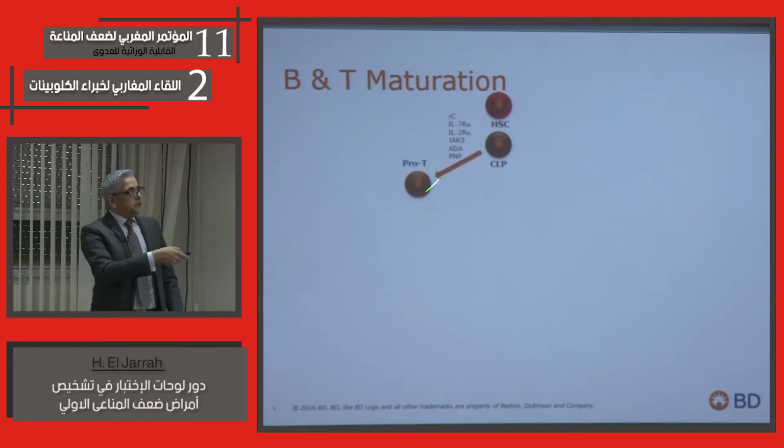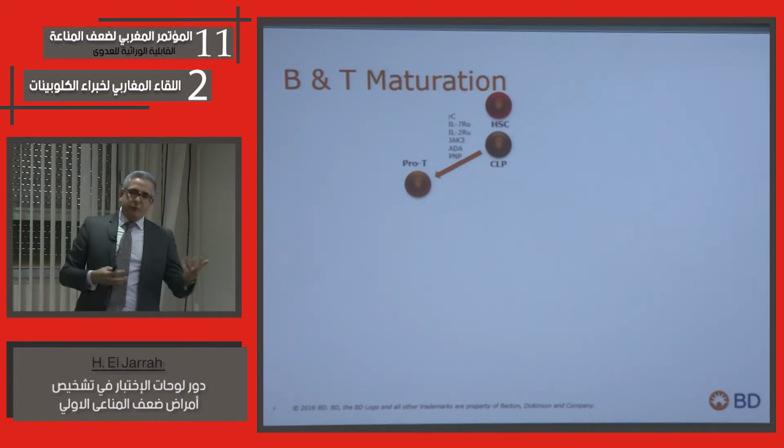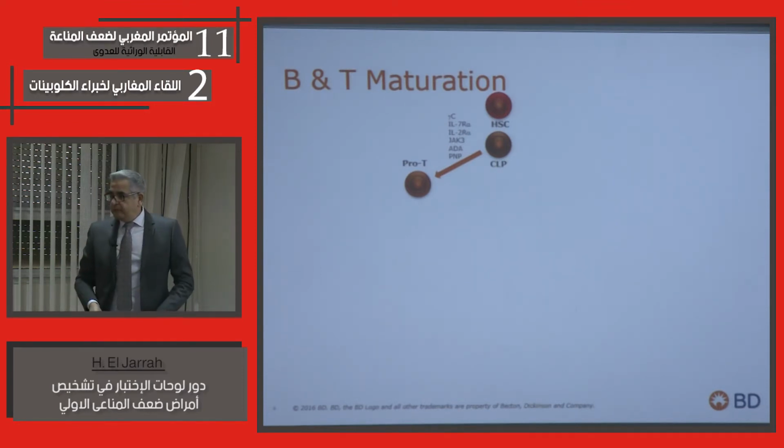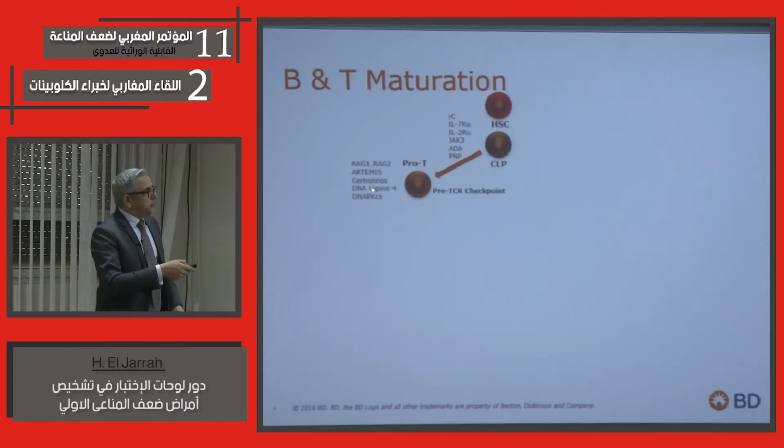This group, and actually it's not limited to this, but these are examples. These are probably the most common ones. So the common lymphoid precursor develops to becoming a pro-T cell at a very early stage. Again, interaction and maturation requiring certain enzymes and signaling pathways.